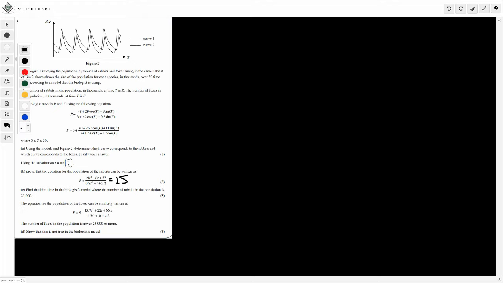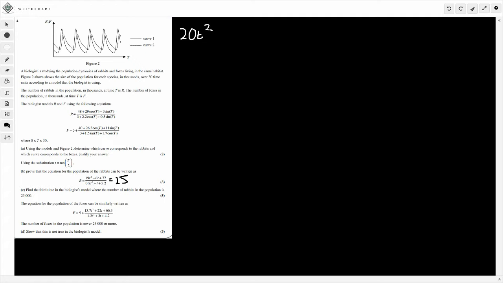And what's going to happen then is we're going to do 25 times 0.8t squared plus t plus 5.2. We're timesing the full denominator here by 25. So doing that, I'm going to get 20t squared. So 25 times 0.8 gives me 20.